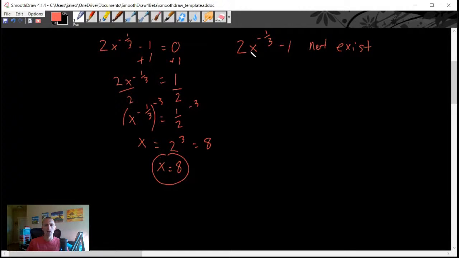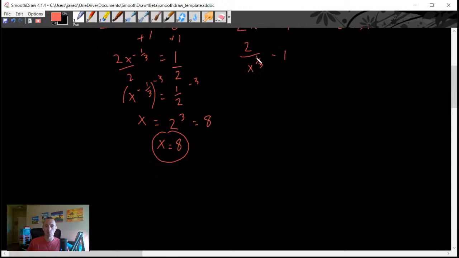So in this case, we don't have any square roots. We don't have any logs or natural logs, but we do have a fraction. And it doesn't look super obvious, but what you want to consider is that something raised up to a negative power is the same as 1 over that thing to the positive power. So 2x to the negative 1/3 is the same as 2 over x to the positive 1/3, and then minus 1. So clearly we have a fraction here, 2 divided by x to the 1/3.